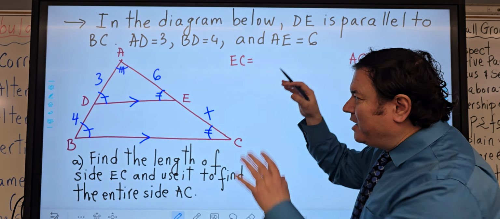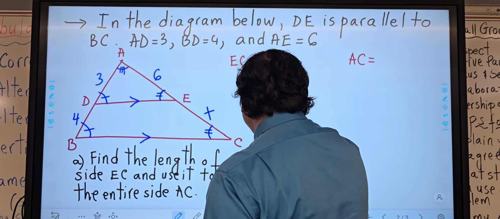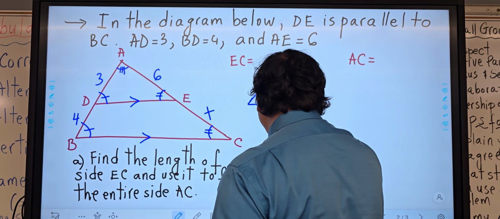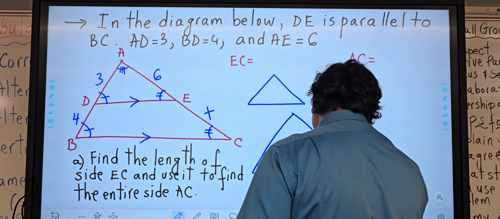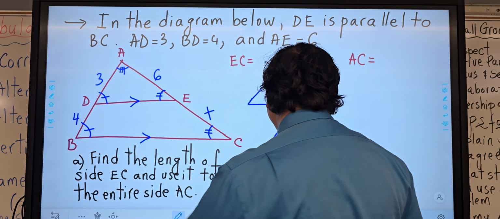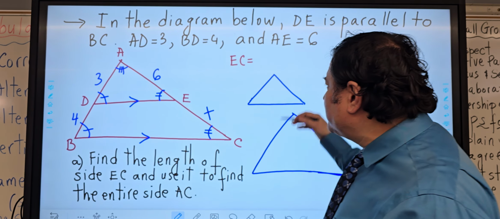Let's draw again both triangles. So we have a smaller triangle there at the top. I'll do my best here. And then we have a bigger triangle at the bottom. Okay? We have a smaller triangle and the bigger triangle. And then let's put some dimension there.